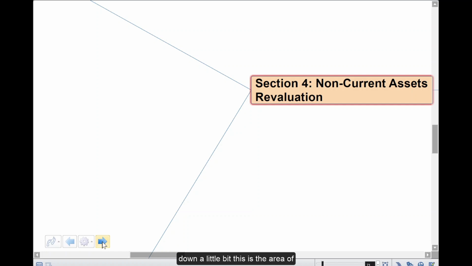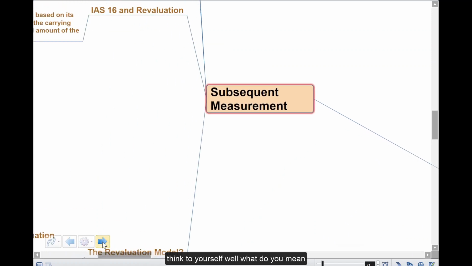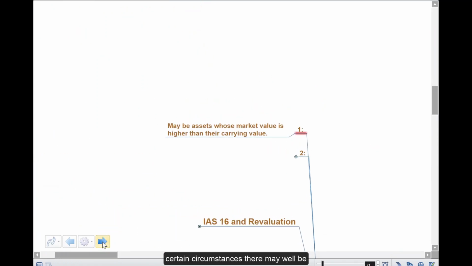This is the area of revaluing non-current assets. You may think to yourself, well, what do you mean by that? Well, I simply mean that in certain circumstances, there may well be a situation where the market value of an asset, we think, is perhaps significantly higher than its carrying value, and we're at liberty to adjust for that within reason.